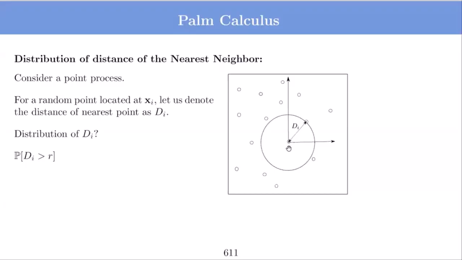Here, if you look at this point xi and the other points, this is the closest point because there is no other point in this ball. So this will be your di. What is the distribution of di? For that, you can just compute the CDF or CCDF of it. In particular, we are interested in knowing the probability that di is more than some value r.